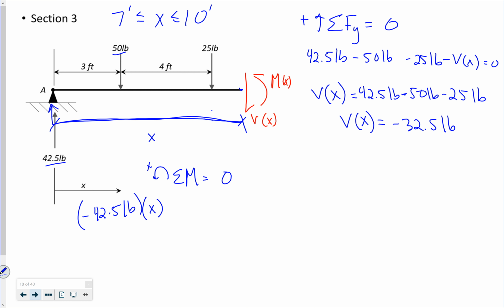Then I have my 50 pounds, which is acting at x minus 3 feet. And it is going counterclockwise, right? This way and down. So it's positive.